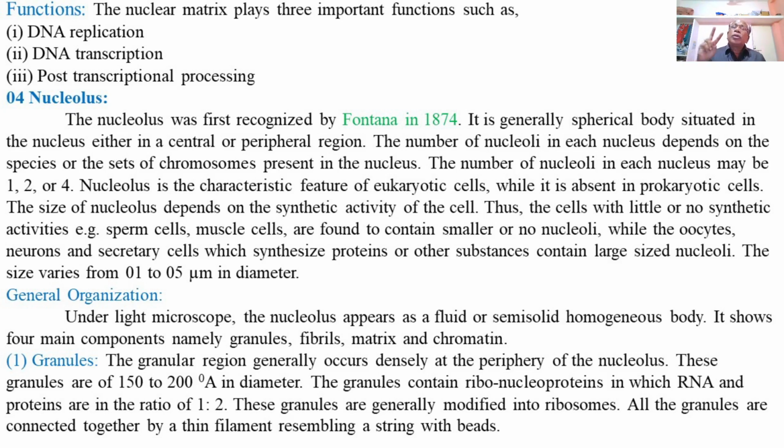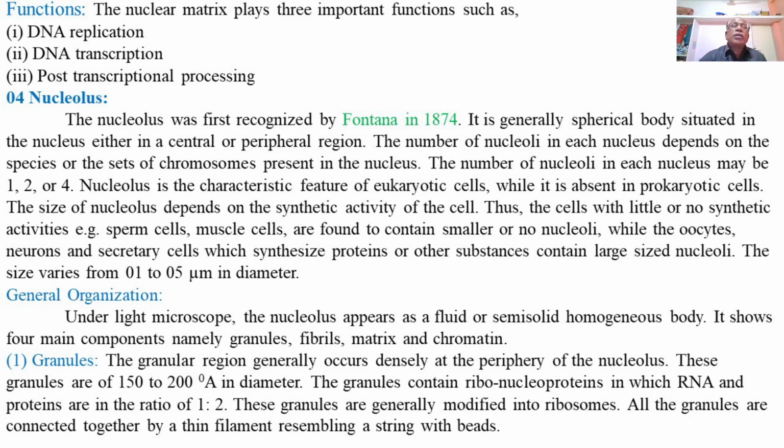Whatever two sets of chromosomes of the species are present in the nucleus, they get duplicated to form a quadruplicate condition, meaning the diploid chromosome number becomes tetraploid. Ordinarily there are two sets of chromosomes present in the nucleus, but prior to cell division the chromosome number is doubled, from diploid to tetraploid, and this requires the process of DNA replication.